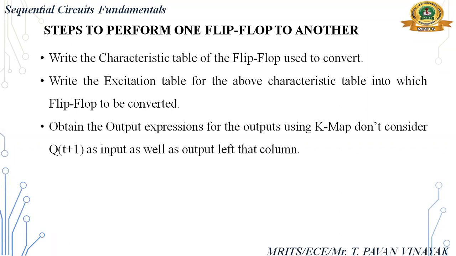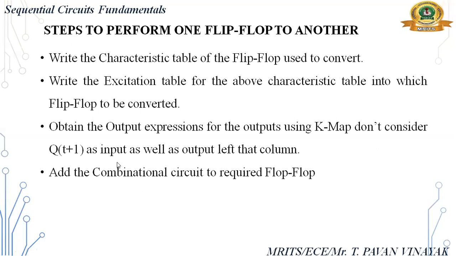Next, obtain the output expression from the K-map, where inputs are flip-flop inputs with Q(t) only, and output is the last column. Don't consider Q(t+1) anywhere in input and output expressions. Next, draw the combinational circuit.